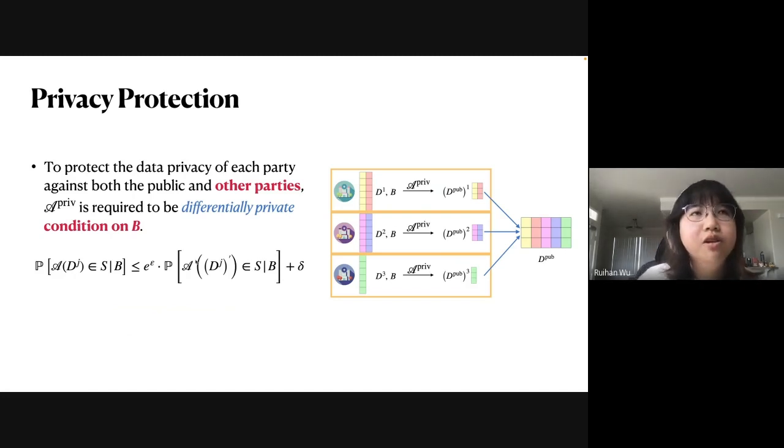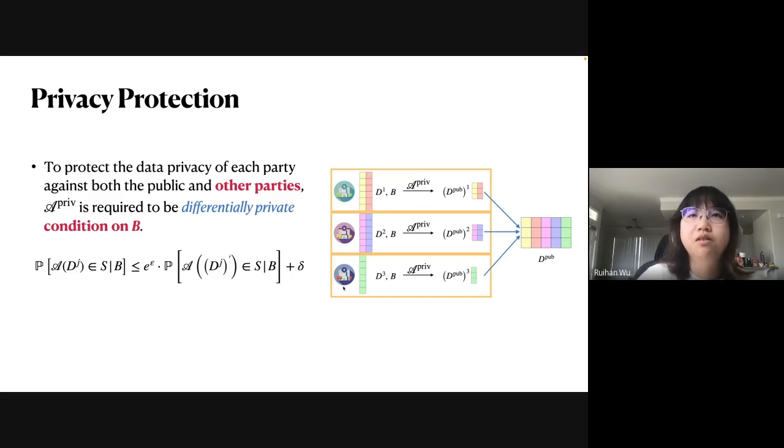Then back to our case, we further need this DP algorithm. The probability inequality here is conditioned on the shared random variable B. The reason is that B is shared among parties, and each party wants to protect their own data privacy against not only the public, but also other parties.